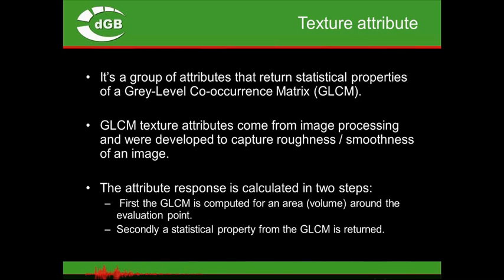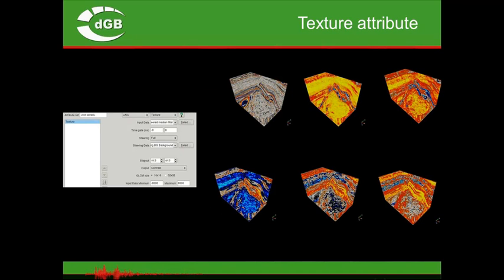First, the GLCM is computed from an area, let's say a volume, around the evaluation point. And secondly, a statistical property from this GLCM is returned. So this is an example of the different types of output that the texture can give. Using this texture attribute, those are the kinds of output that we can get.